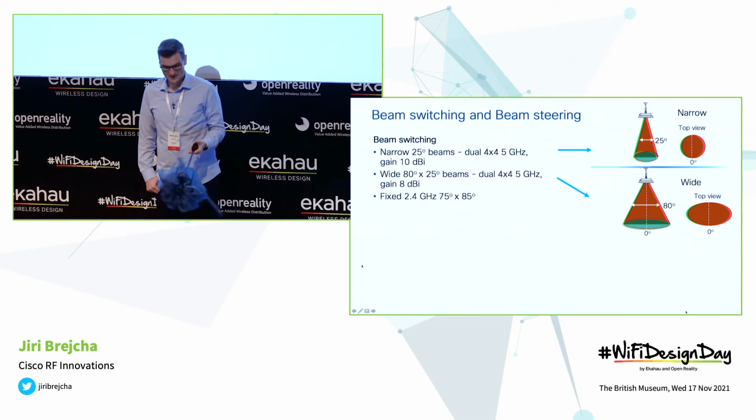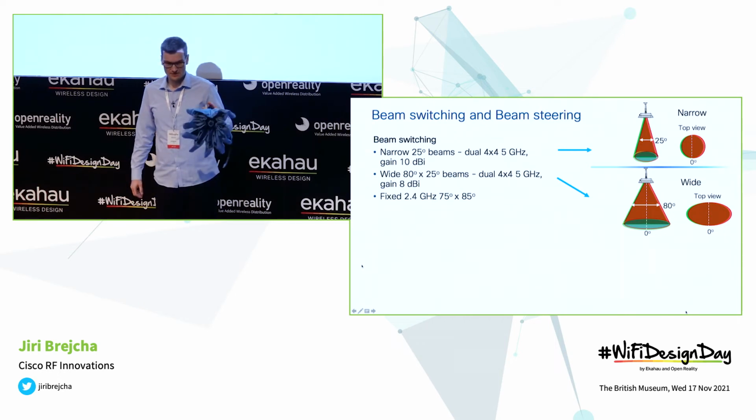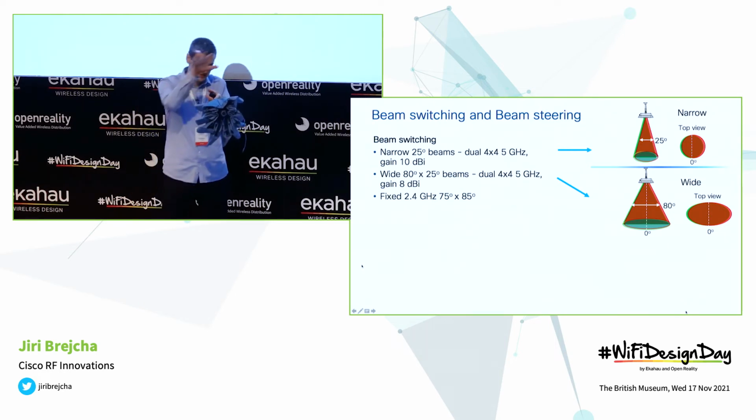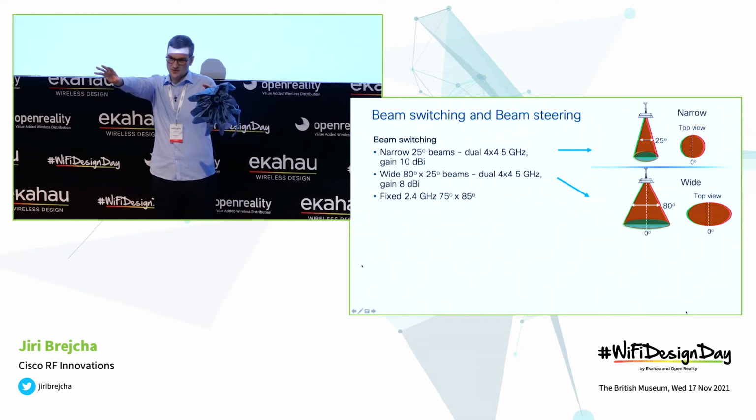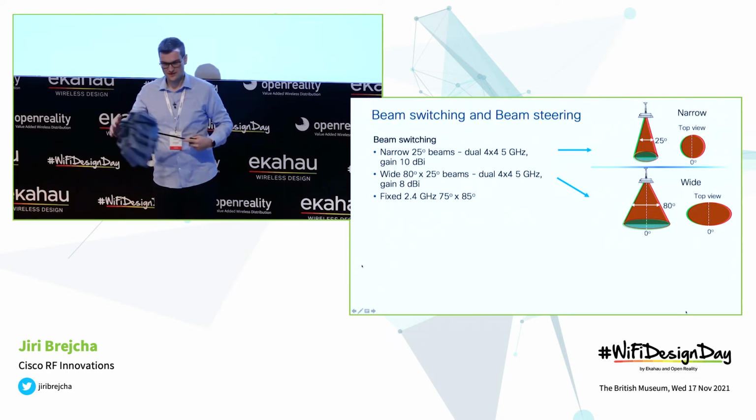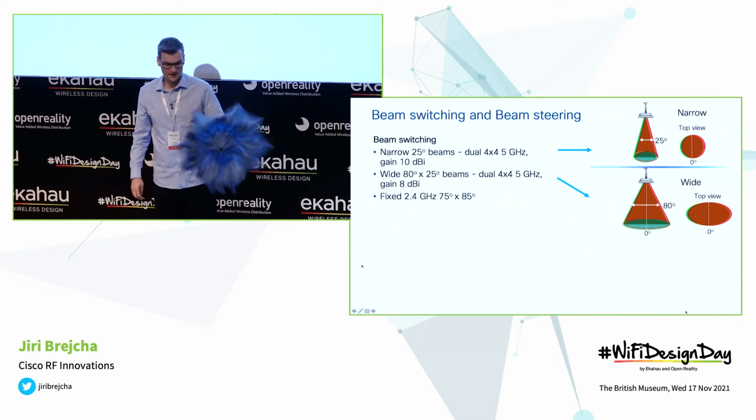If you like that analogy, I can have a nice focused beam which covers this area, all these lovely people in this area. I can have another antenna pointed in this direction, and that essentially helps those people connect. And I can switch between the narrow and the wide.